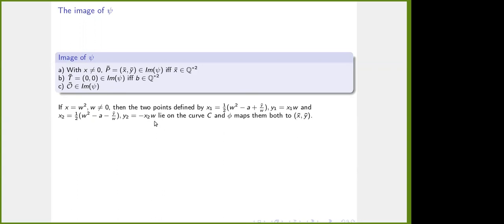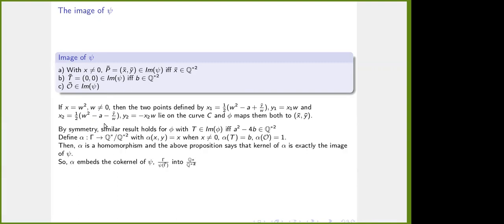These two points will map to a point whose x coordinate is x, which is w square.